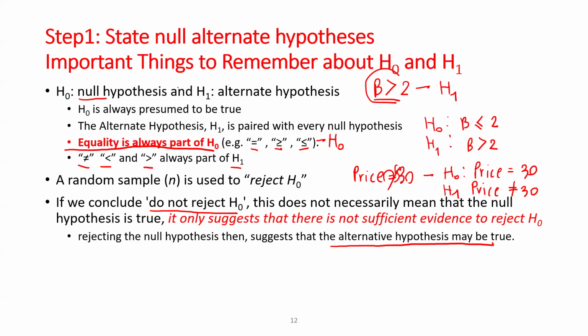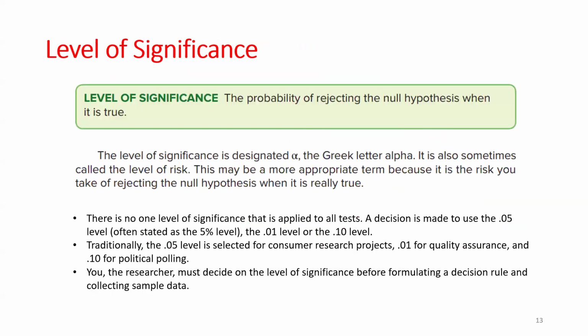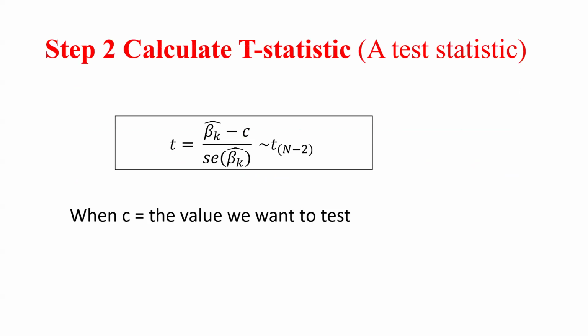Okay, so to summarize, first step, equality always goes to H naught, the ultimate rule. The rule of significance we learned already, so you can read it after that. Second step, calculate the t-stat, or test statistic.